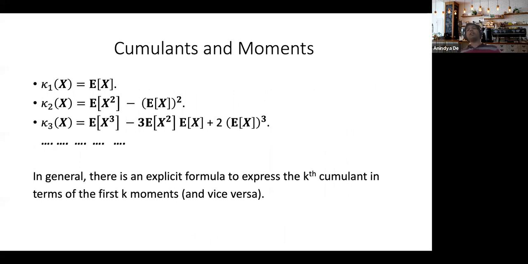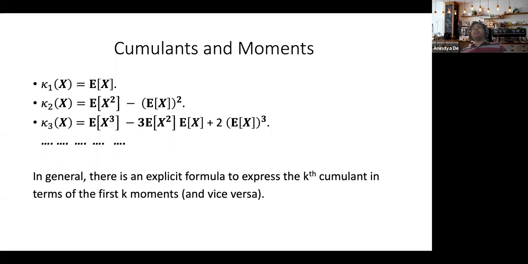Roughly speaking, the cumulants and the moments are in one-to-one correspondence. The first cumulant is just the expectation, the first moment. The second cumulant of a random variable is just its variance. The third cumulant of a random variable is this expression, expectation of x cube minus blah, blah.